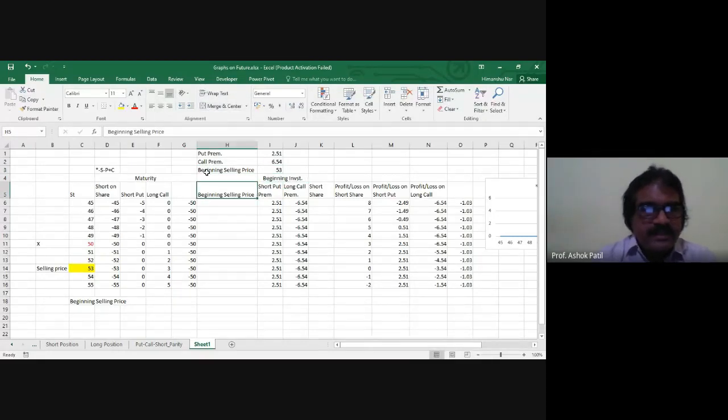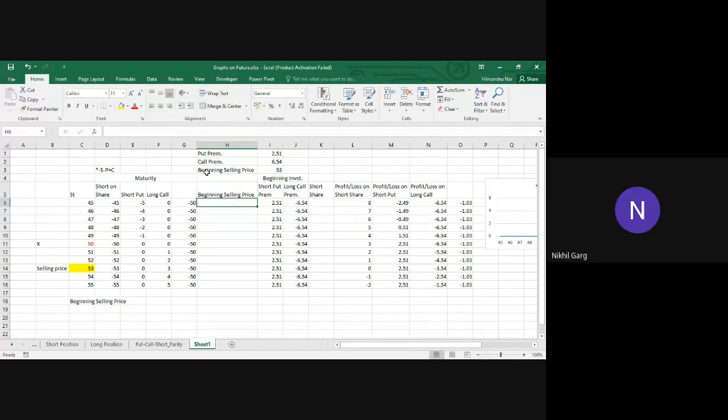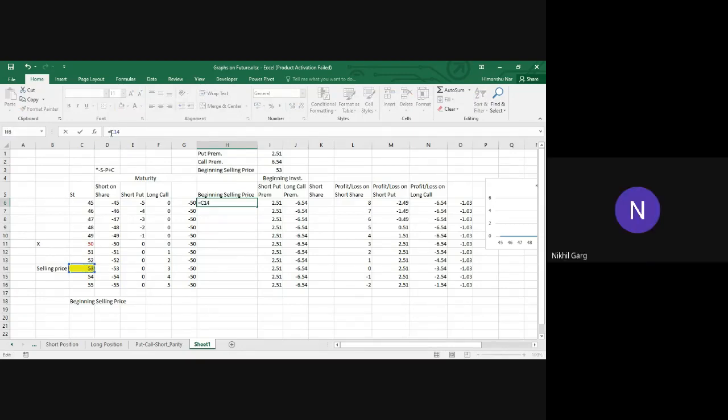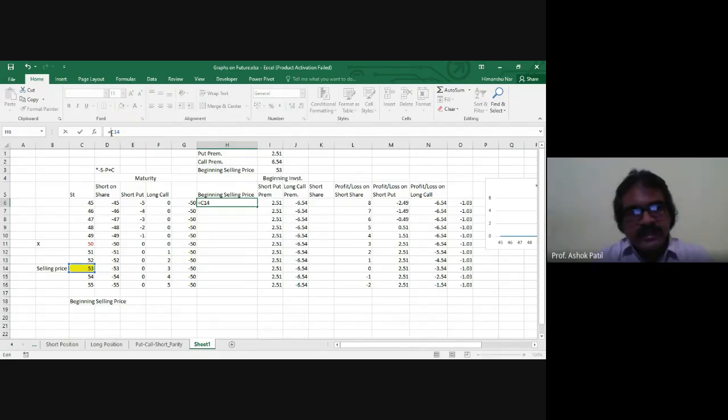So beginning selling price is 53. Will that change? No, sir. So you can write whether it is plus or minus. Plus. You are selling, so you will be getting that amount. Will it remain the same?